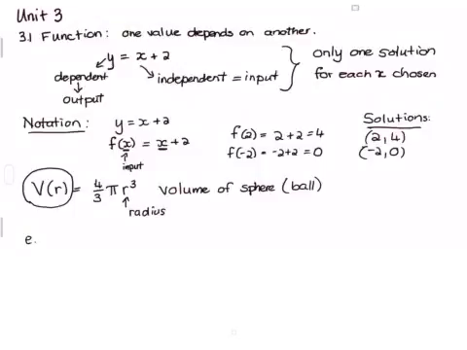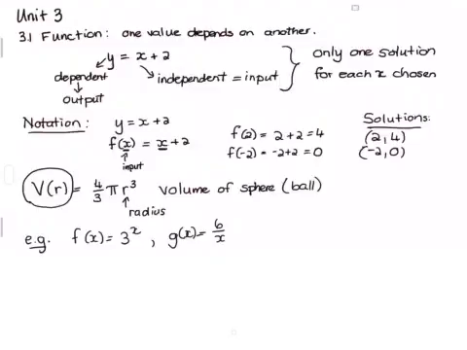Right, let's do some examples. I'm going to give you two functions, and instead of calling them y's, I'm going to give them names. So the one is f of x and the other one is g of x. So these are the definitions of my functions. From now on, it depends on whether I talk about f or g, which one of those two I'm going to use.